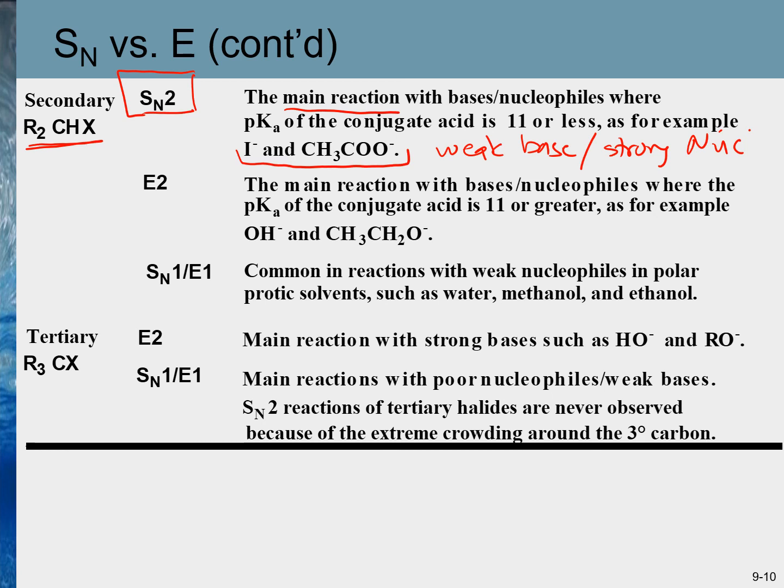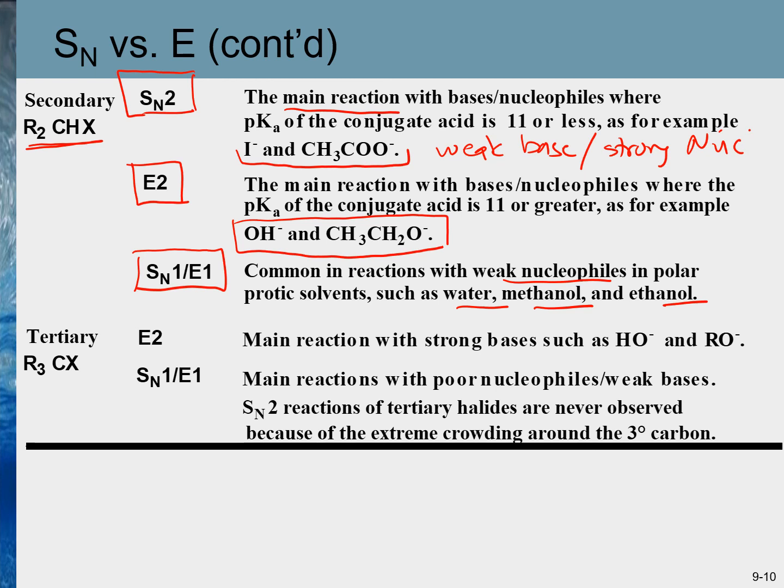But if we use a strong base such as alkoxide or hydroxide, then the major product will be the result of E2 reaction. If we use a weak nucleophile or a weak base such as water, methanol, or ethanol, then either SN1 or E1 reaction will give us the product.